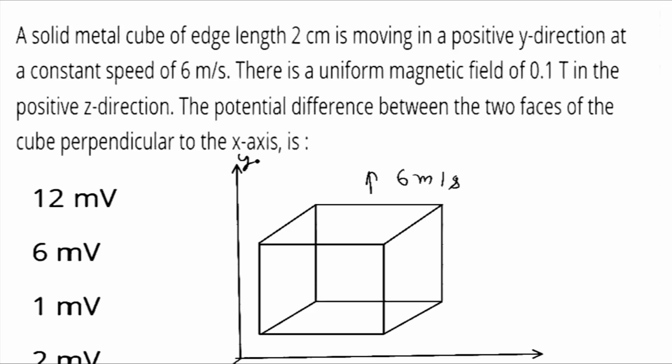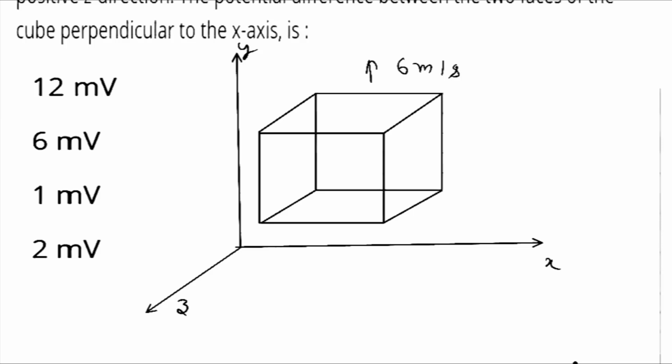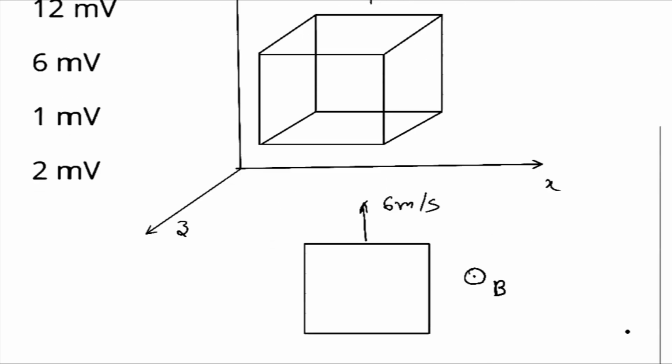Okay, so now if you imagine in 2D, this cube is moving in the upward direction and there is a magnetic field out of the plane. Let's suppose this is a cube and this cube is moving like this and the magnetic field is in this direction, B. So you can see the only length which is perpendicular to the velocity is this, right?